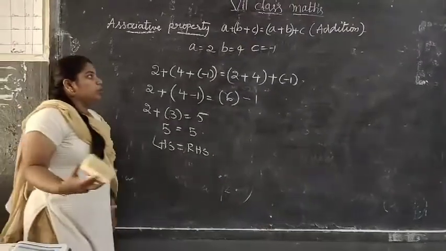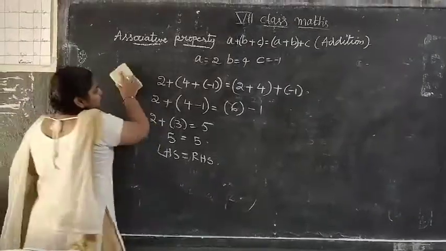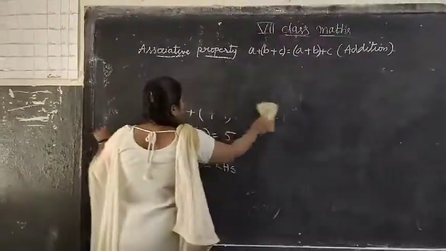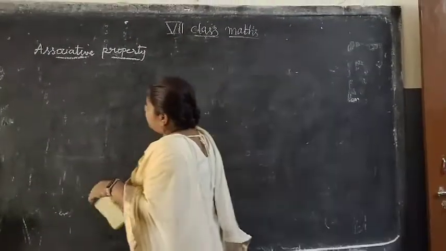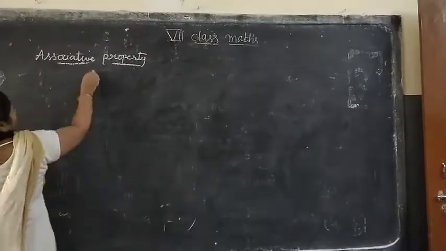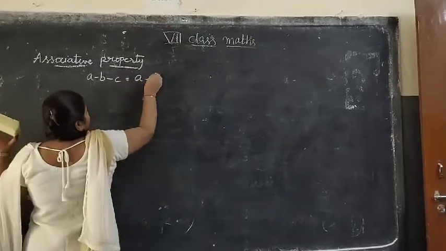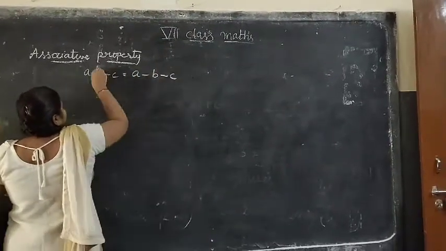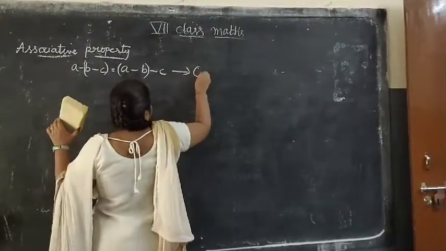The associative property will not be satisfied under subtraction and division. Just see one example. How do you write the general form here? The general form for subtraction is (a - b) - c is equal to a - (b - c). Only the brackets will be interchanged. This is under subtraction.